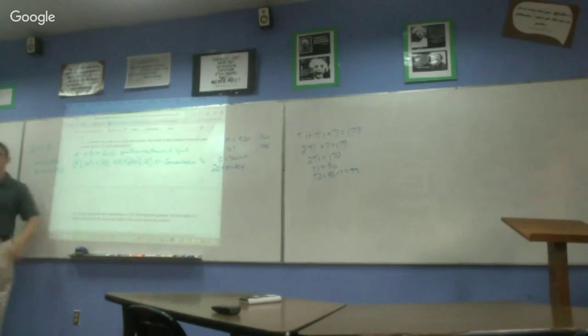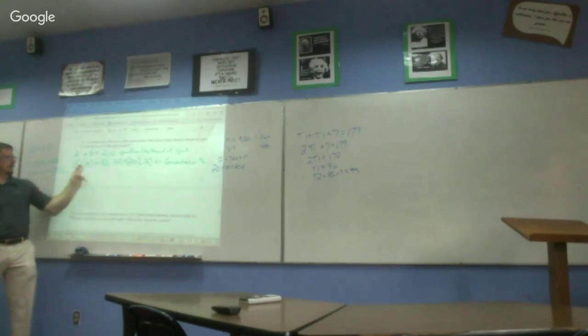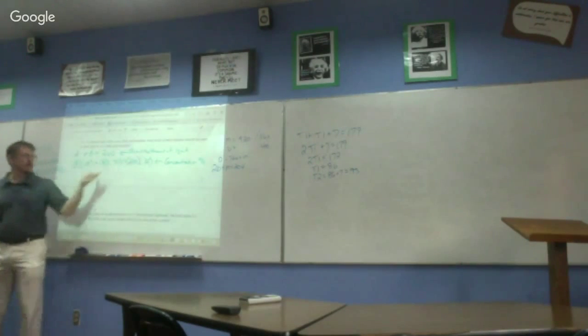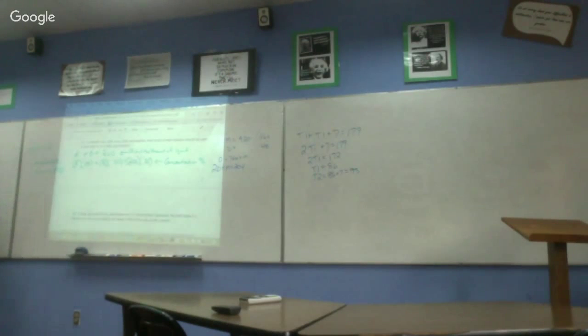The amount in A times the percentage in A, the amount in B times the percentage in B, the total amount times the percentage, this piece does not change, because it's dealing with percent. Whether you have one drop or one barrel, it doesn't matter. This one is the one that changes depending on the amount.